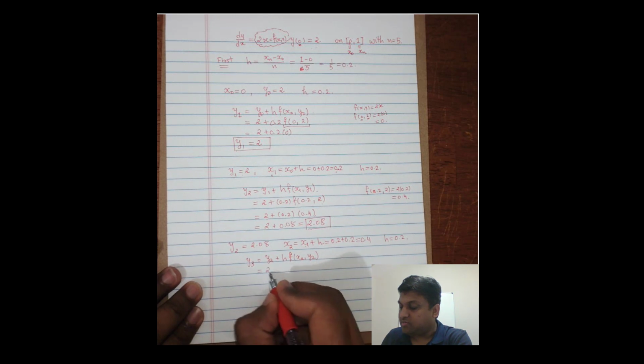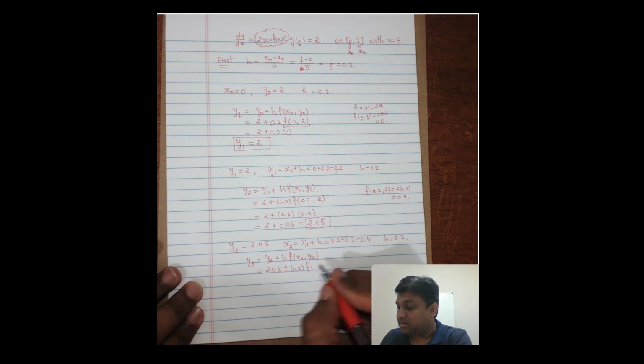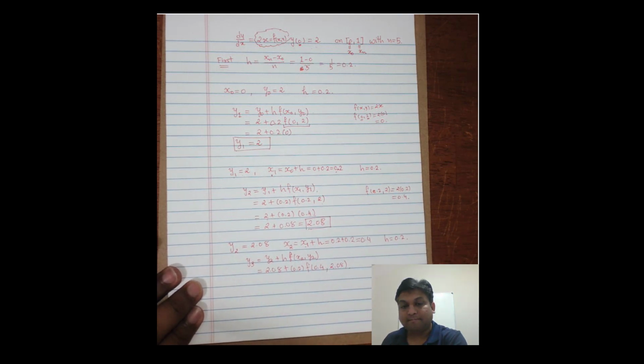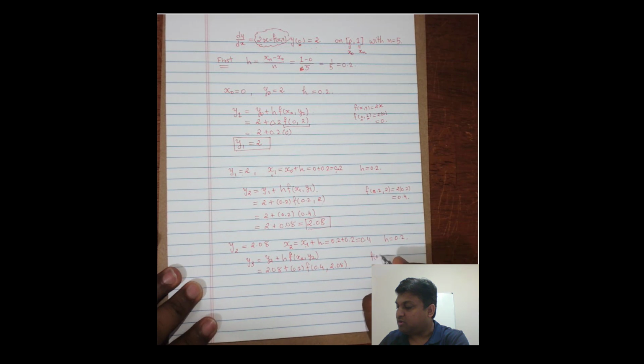Throw the values in. 2.08 plus 0.2 times f evaluated at 0.4 comma 2.08. I'm going to evaluate this function on the side. F at 0.4 comma 2.08 is going to be 2 times 0.4, and this is 0.8.